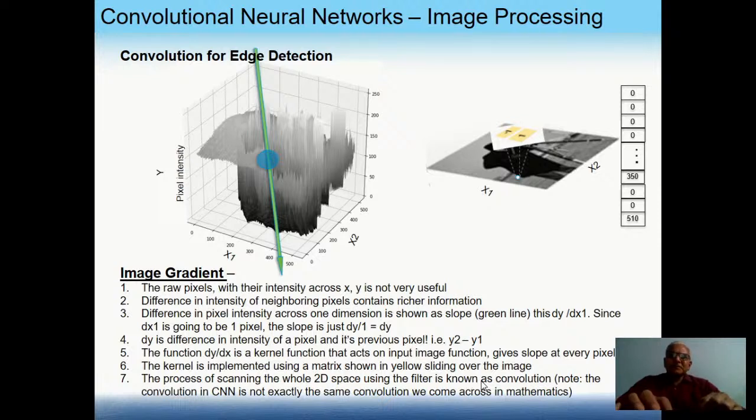I've given all the same points in bullets, so in case you want to revisit them, please do. This process of using a function which scans the given function, looks for sudden changes in pixel intensities and extracts those positions where the sudden changes happen is called the convolution process.